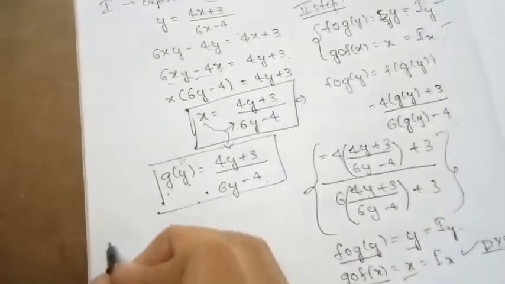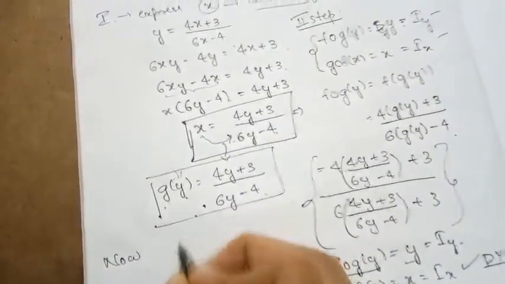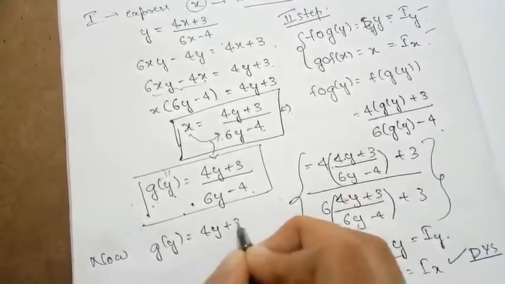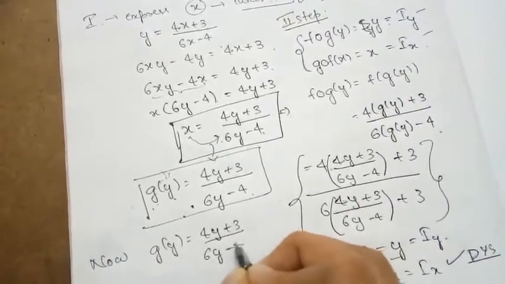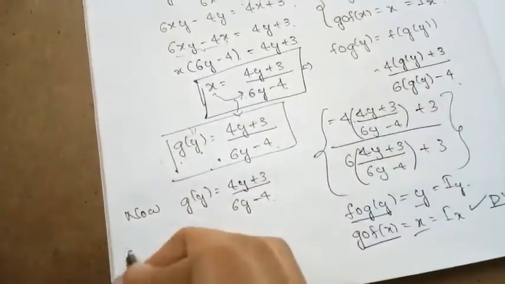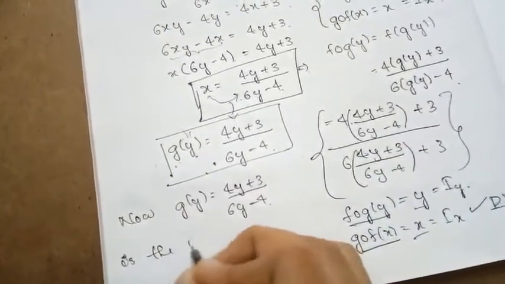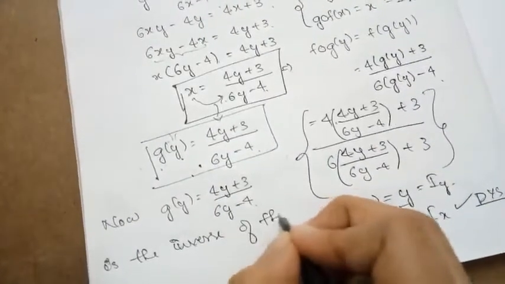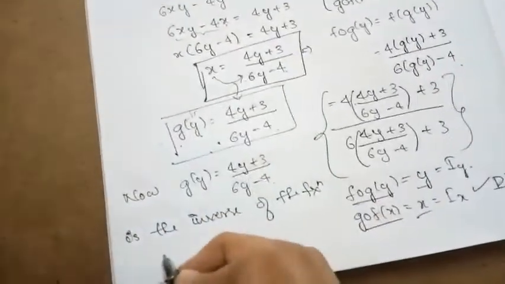So now this g of y is equal to 4y plus 3 divided by 6y minus 4. This is the inverse of the function. Since the function f is given in terms of x, we express this also in terms of x.